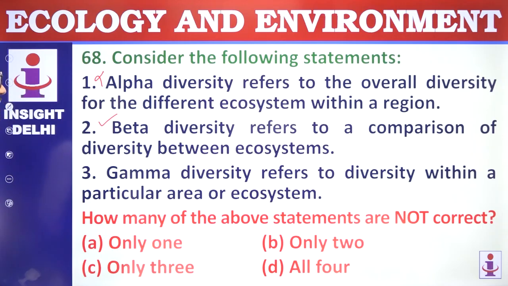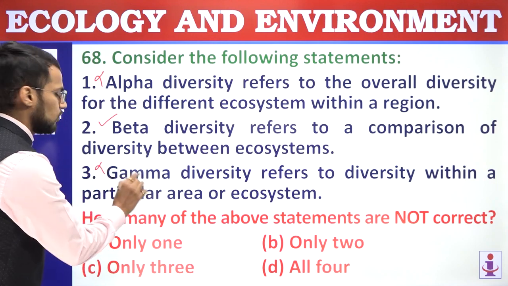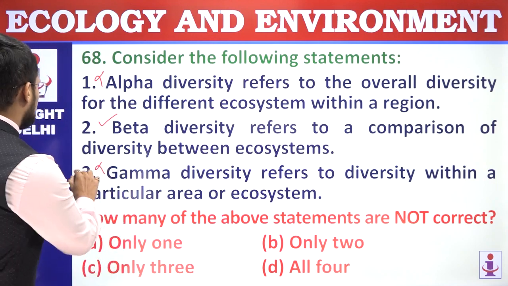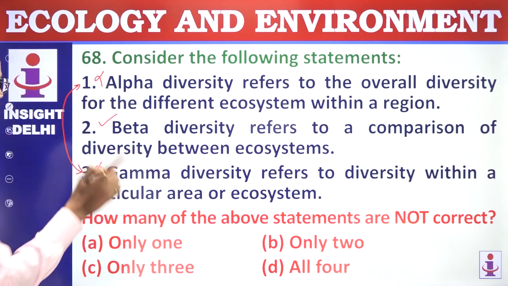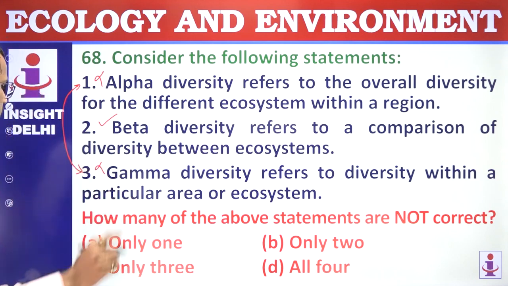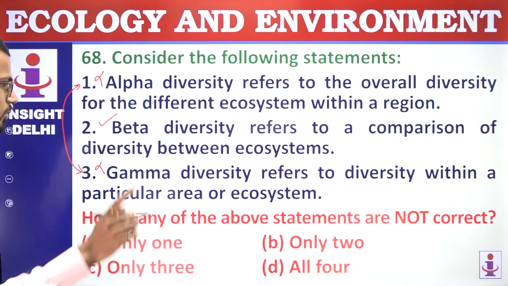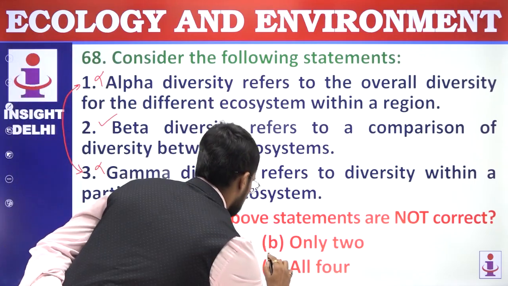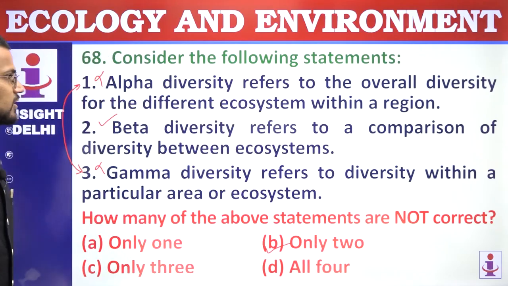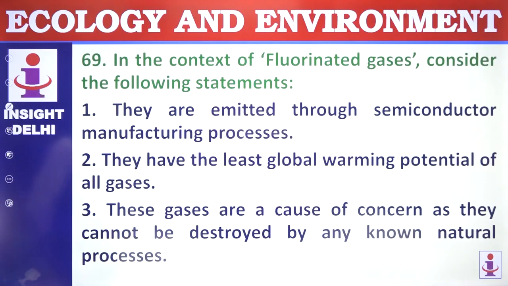Third, gamma diversity refers to diversity within a particular area or ecosystem. This is an explanation for alpha diversity. So the first and third statements are exchanged, and that's why both are incorrect. Only the second statement is correct, but we are supposed to find out how many statements are not correct. Answer is B, only 2. 68, answer is B.